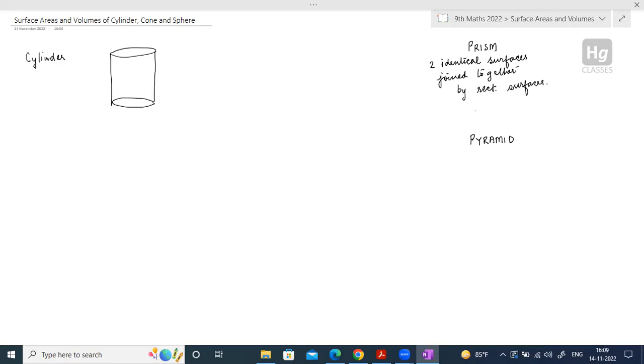And pyramid has one polygonal surface whose vertices are joined to an apex by triangular surfaces.